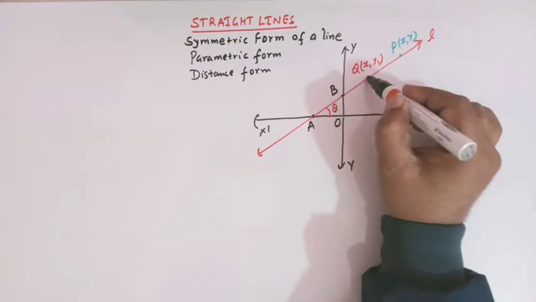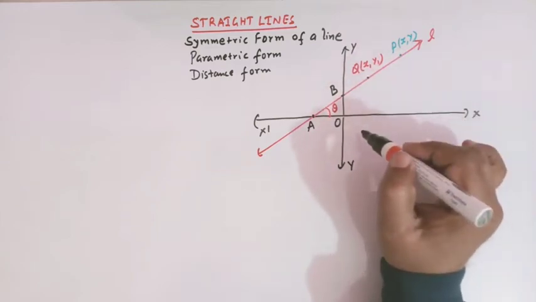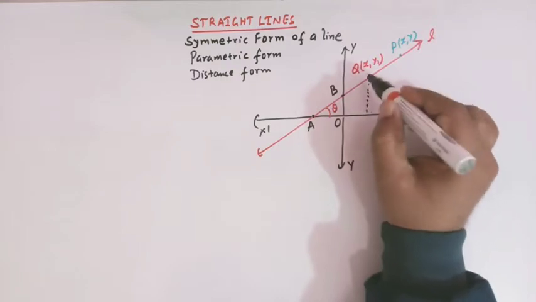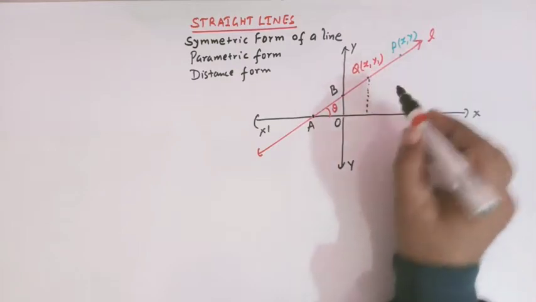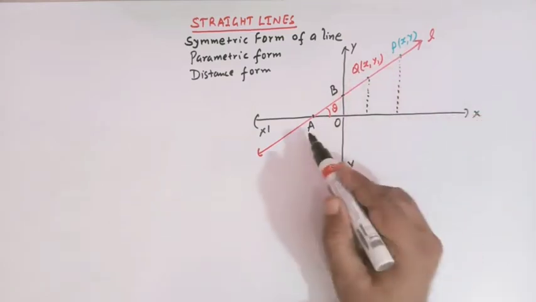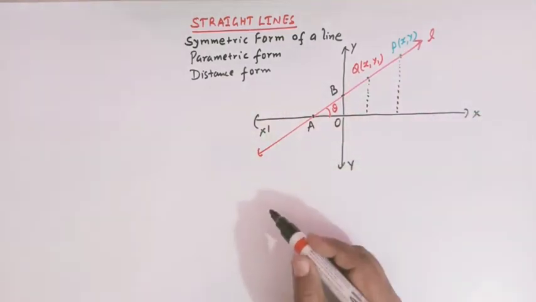Here we have the point Q and here we have the point P, and let us drop perpendiculars from this point Q on the x-axis. Similarly, from P we can draw the perpendicular on the x-axis.